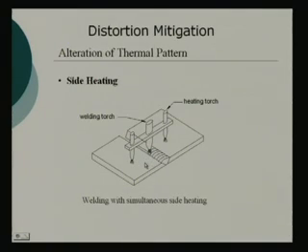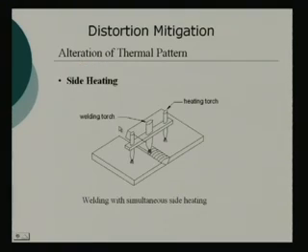So, basically, one can do an analysis and see what the heat flow pattern was because of the welding torch, and now along with that, these two torches, what is the heat flow pattern, and based on that what thermal stresses are developing.